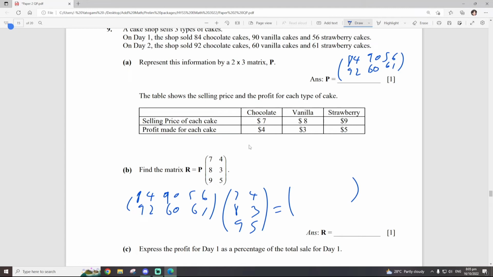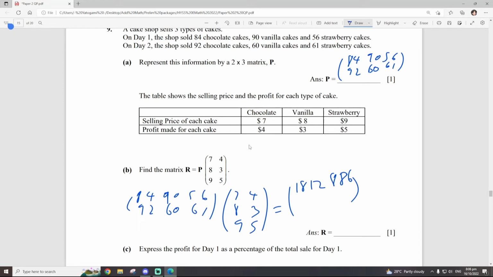So the first one is 84 times 7 plus 90 times 8 plus 56 times 9. The first one is 1812. Then the other one is 886.